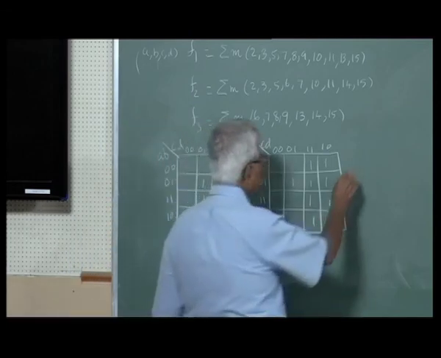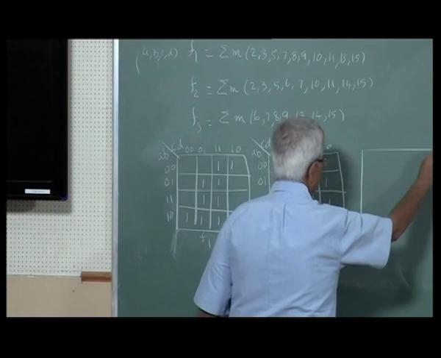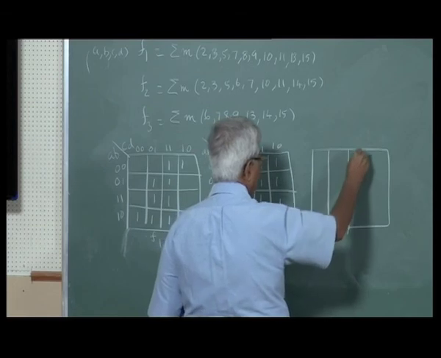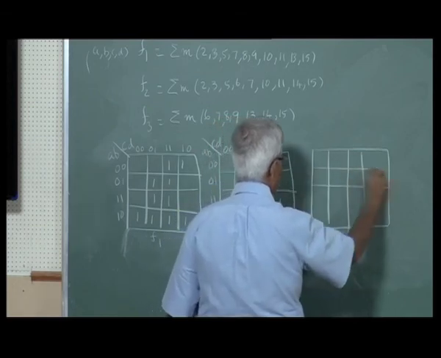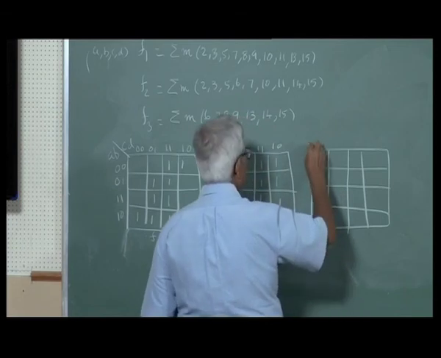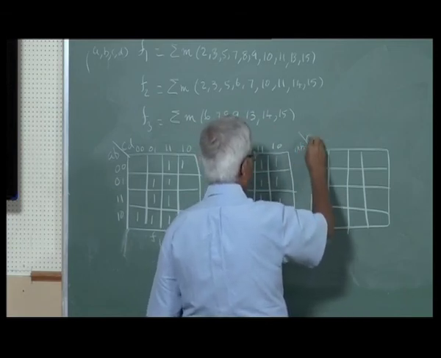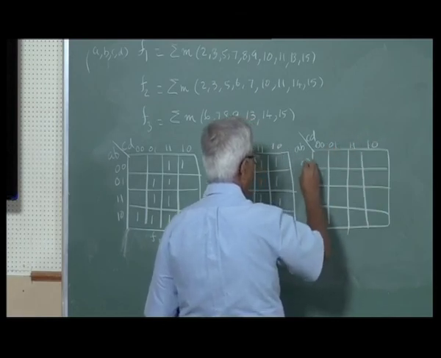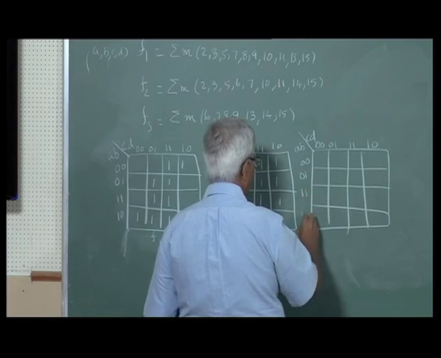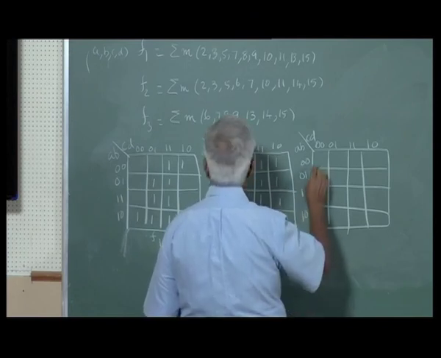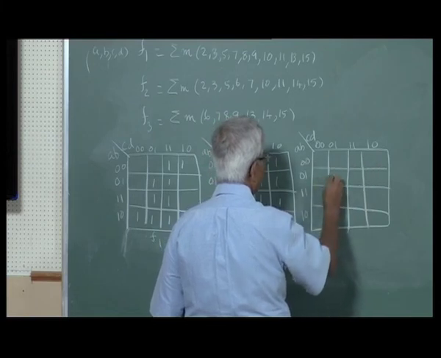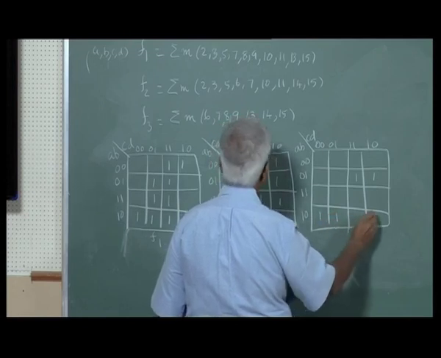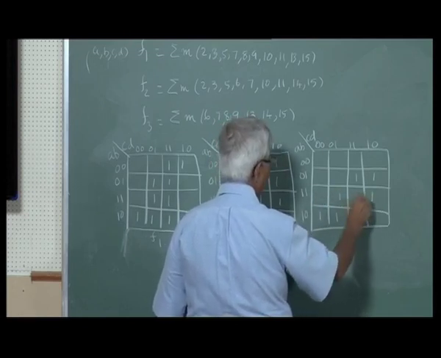F3 would be 0, 1, 2, 3, 4, 6, 7, 8, 9, 10, 11, 12, 13, 14, 15.